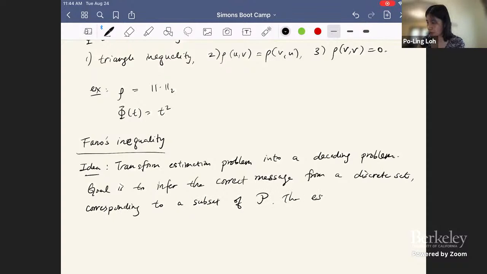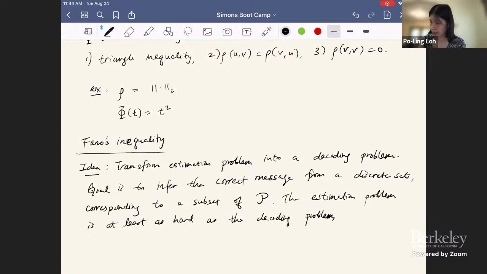And the estimation problem is at least as hard as the decoding problem if the distributions are well separated.